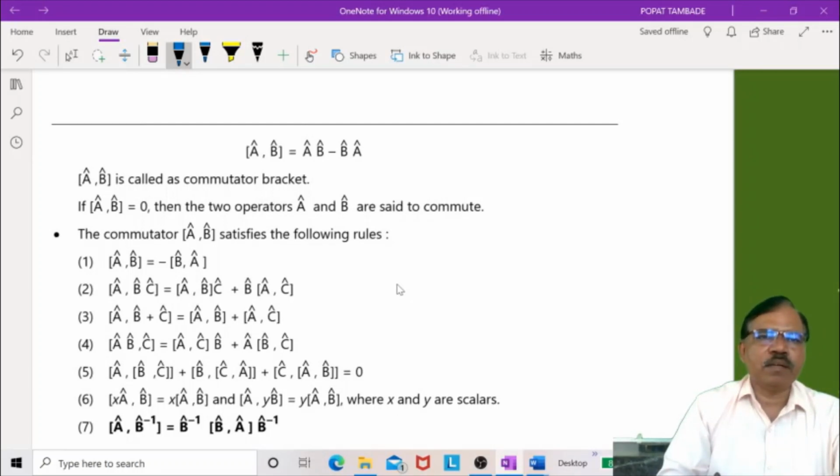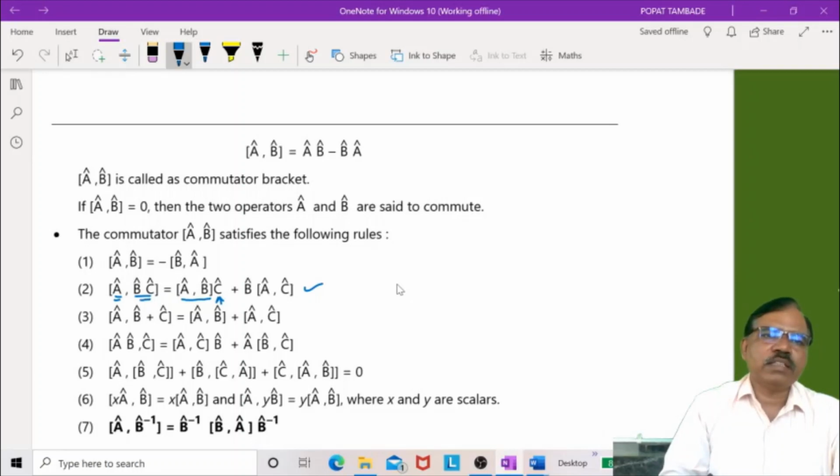If we take the commutator [A, B], it will be equal to minus commutator [B, A]. Now the second relation: commutator [A, BC] is equal to commutator [A, B] post-multiplied by C plus B pre-multiplied into commutator [A, C]. So this is one relation.